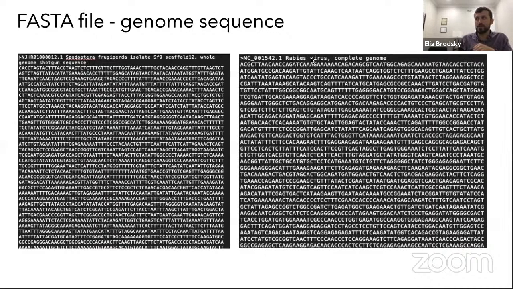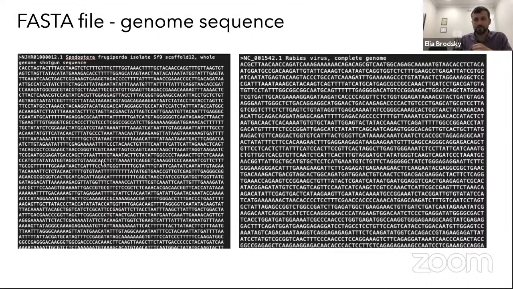Here you can see another example, rabies virus, the complete genome. If we look at the FASTA file from a human genome, we will see that file divided into chromosomes, so divided up into pieces. Sometimes we can get a FASTA file with multiple genomic sequences, and they will have these kinds of separators between the actual sequences.